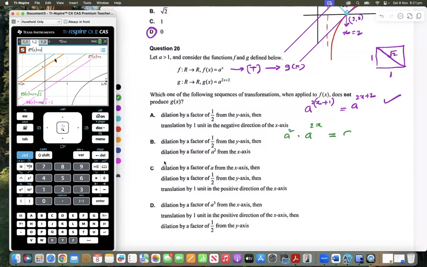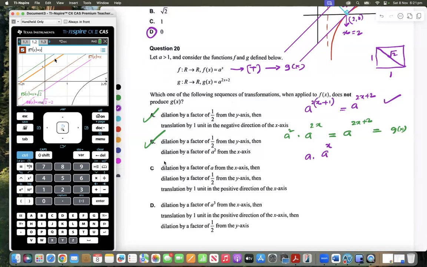Then I can rewrite this as a to the power of 2x plus 2, which is equal to g of x. Correct. These two answers are correct. Perfect. Third one, dilation by a factor of a from the x-axis. So then a times a to the power of x.